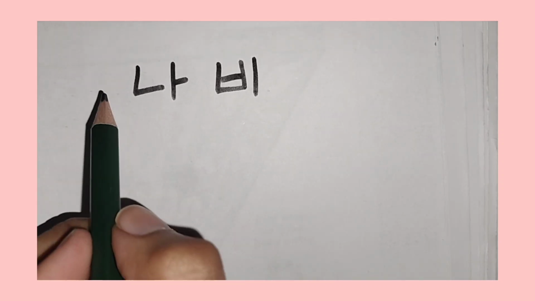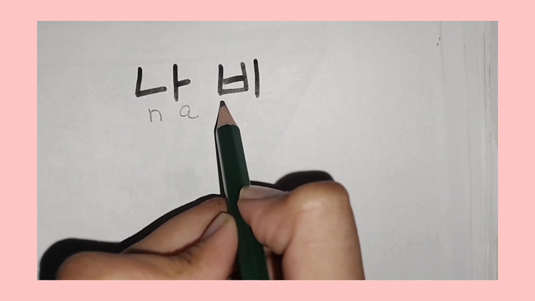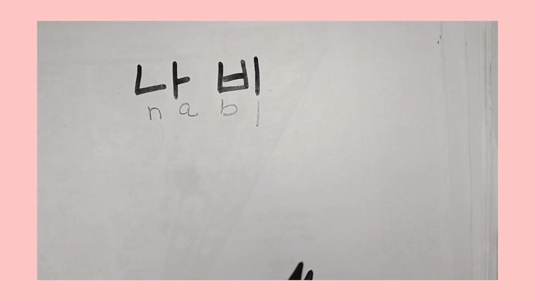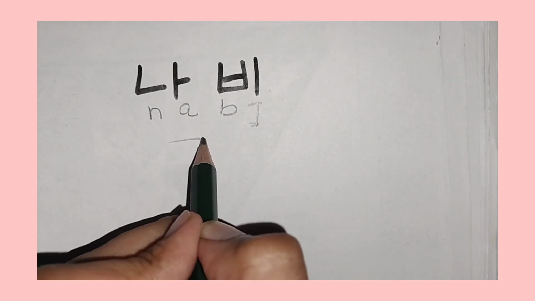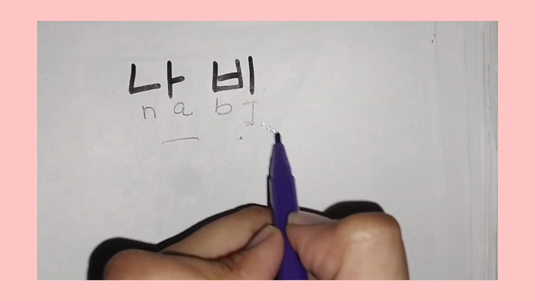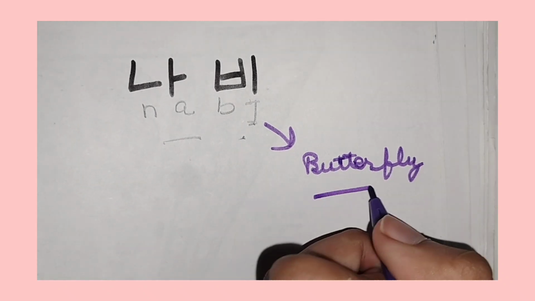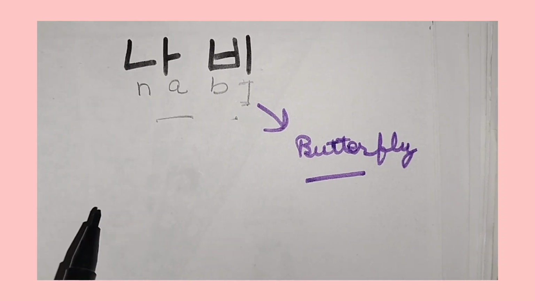This one is N, A, B, I, Nabi, and it means butterfly. So let's read the next one.